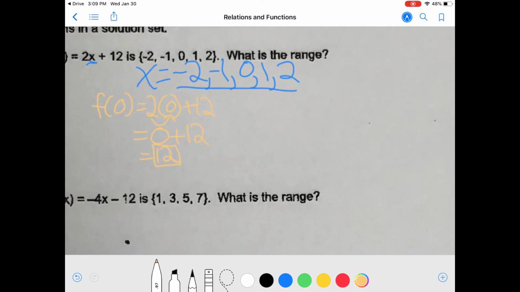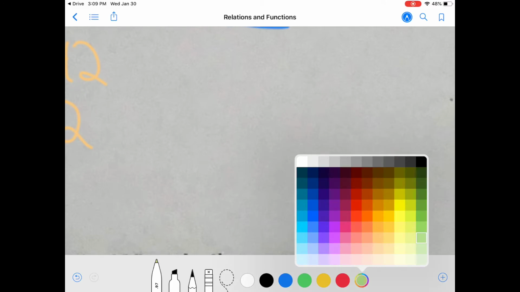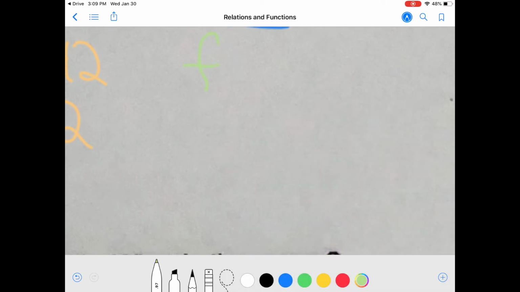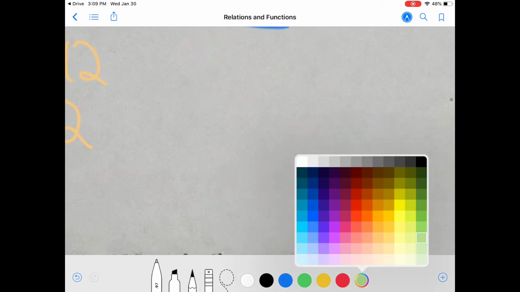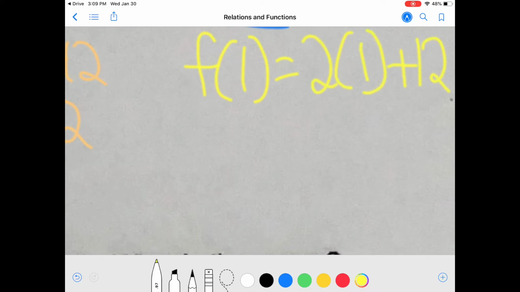My next one is positive 1, so f of positive 1. Instead of x, I'm putting 1 in there, plus 12. Distribute the 2 to the 1, so you get 2 plus 12, which gives you 14.